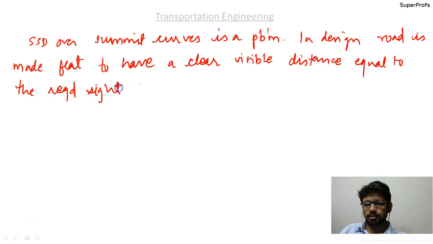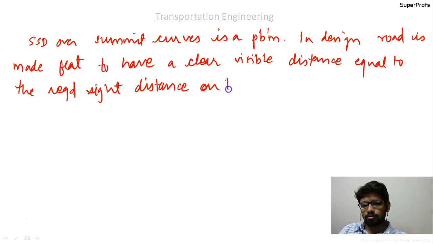It is very important, guys. Required sight distance on the road. Please note down these points, okay?